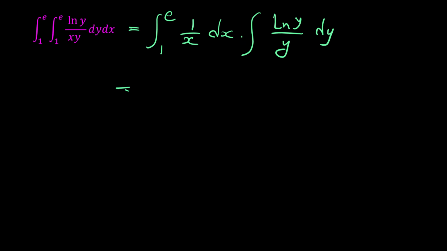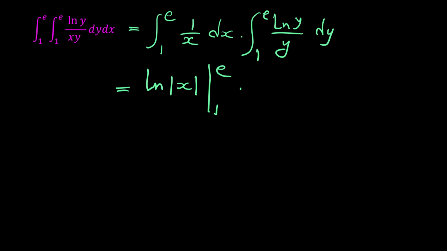The first integral is very simple. Integral of 1 over x is ln of x or ln of absolute of x from 1 to e. What about the second integral? What is the integral of ln of y over y dy from 1 to e?